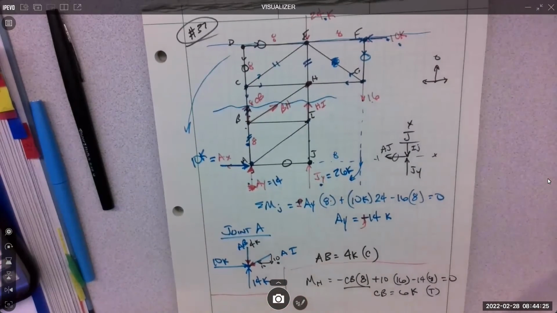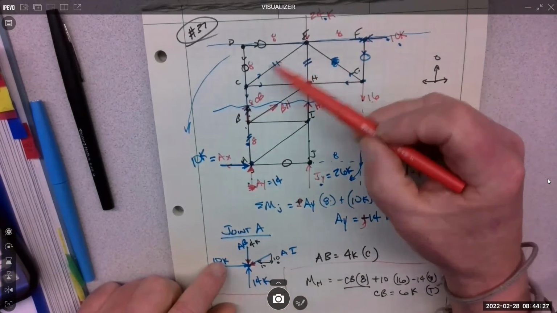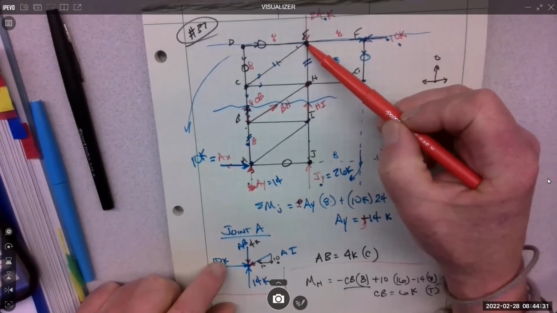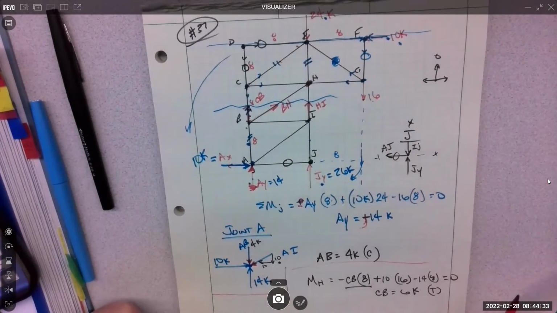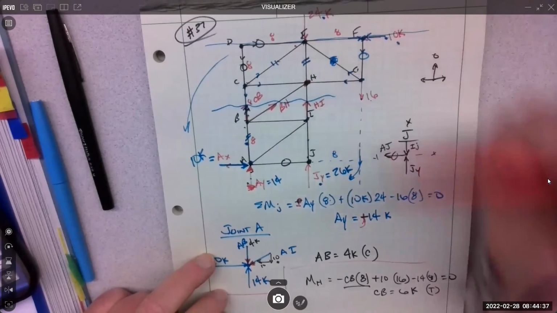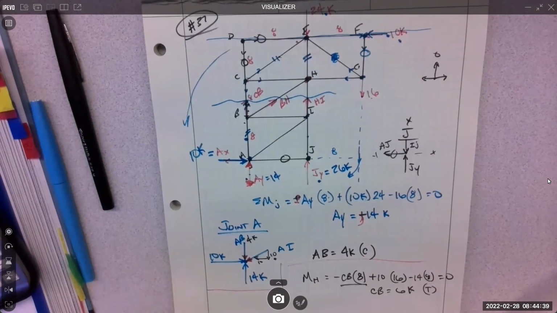We still need this thing, CE, a bit ugly, and EH. Thoughts on how we're going to get there?